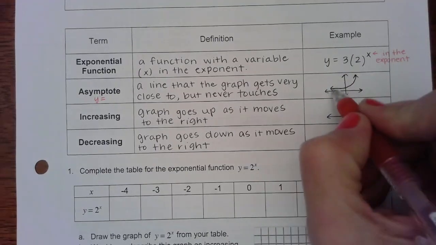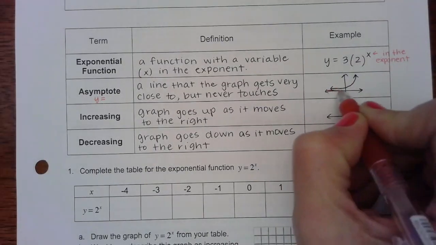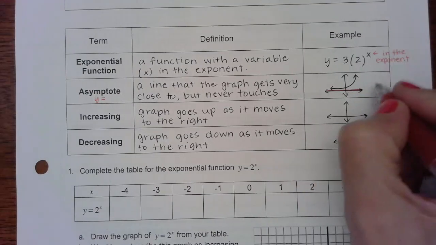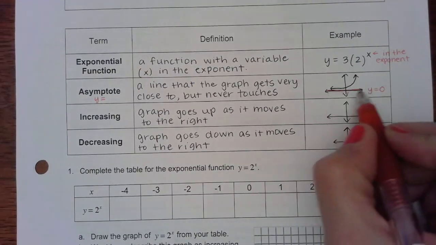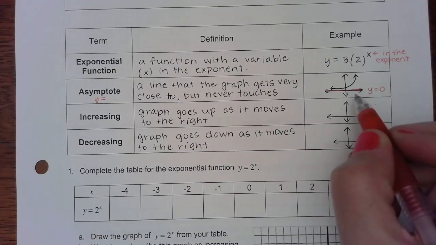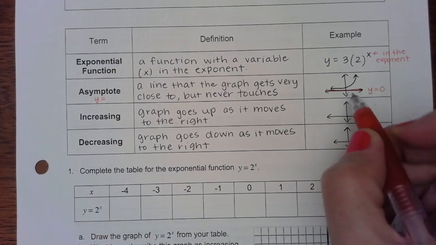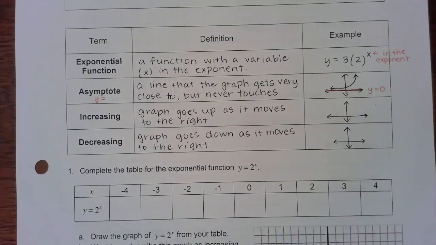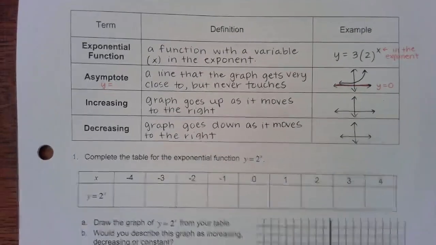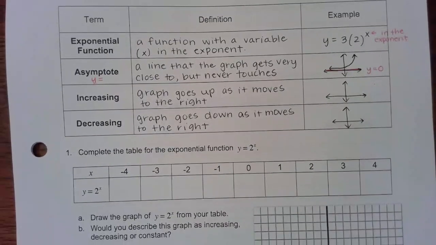This black line gets really close to this line right here, which in this picture is the line y equals 0. It's the horizontal x-axis. Again, in the functions that we're studying, an asymptote will always be a y equals line because of the types of graphs that these are. You can have vertical asymptotes too, but ours will always be horizontal.